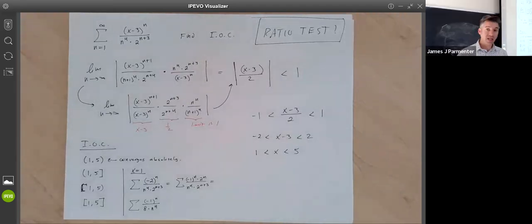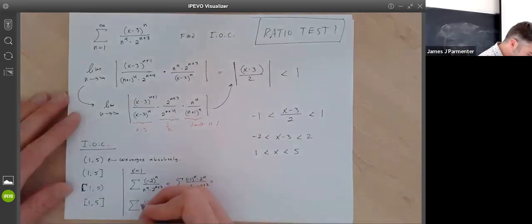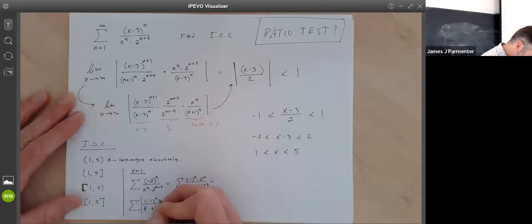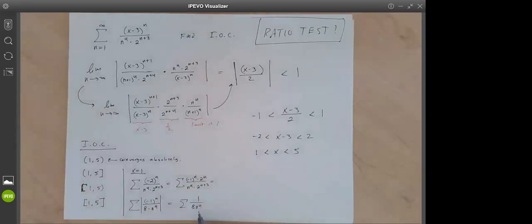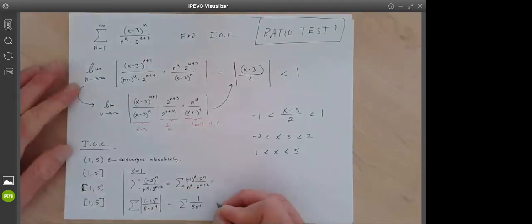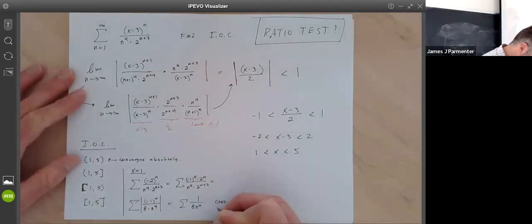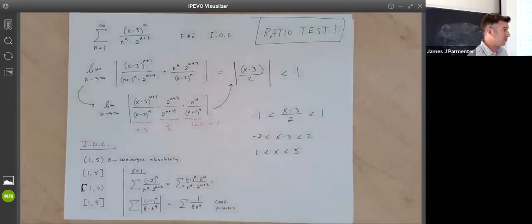Oh, I think it's actually absolutely, but let's check. If we took the absolute value of this, we get the sum of 1 over 8n to the 4th. Does that converge? Yes, definitely. This is a convergent p-series. So that means we actually have absolute convergence at x equal to 1.